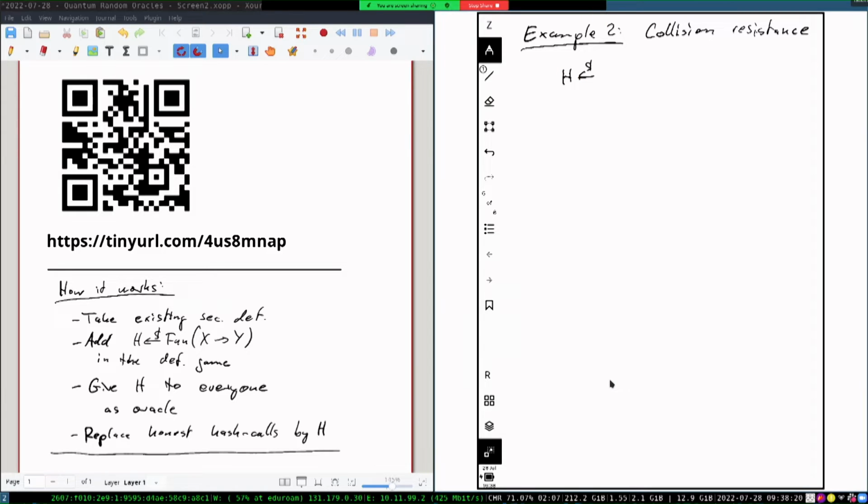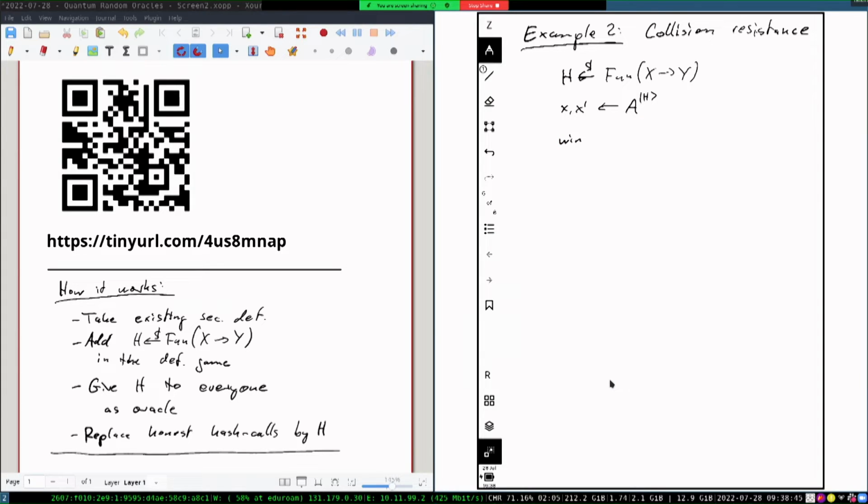So we pick H randomly. Then we run an adversary that is supposed to give us 2 inputs. The adversary doesn't get any inputs. It only gets access to the quantum oracle, and it's supposed to give us 2 values, x and x prime.